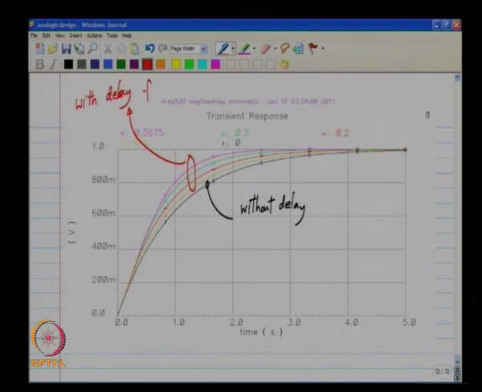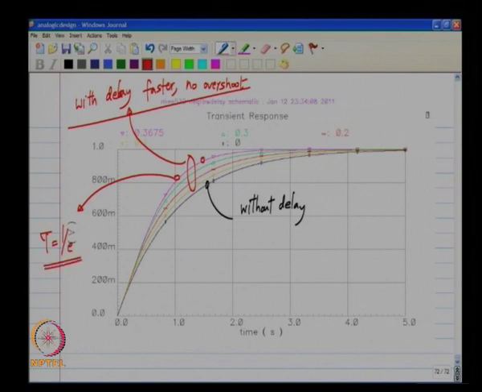They are faster and there is no overshoot. In fact, the uppermost curve, which corresponds to tau equals 1 by e, is the fastest response you can get without overshoot. So, that is a good number to remember.